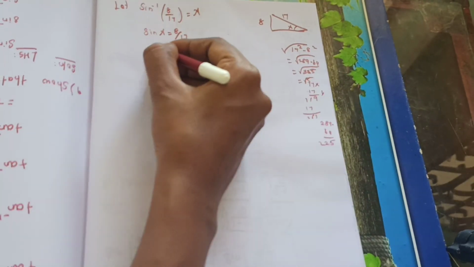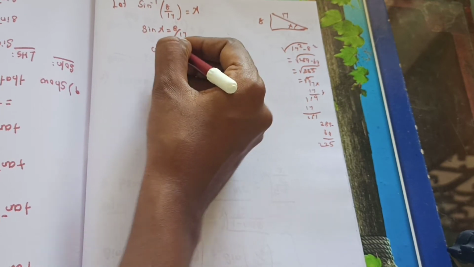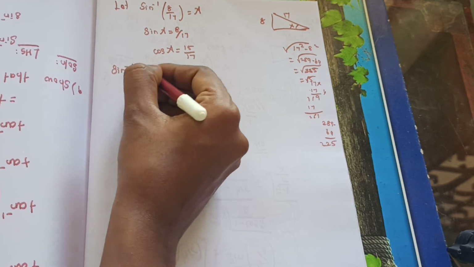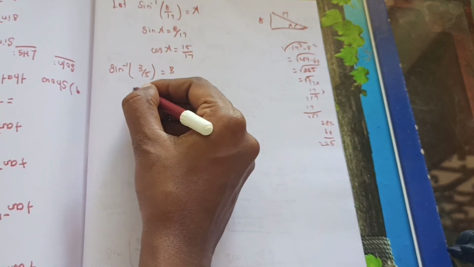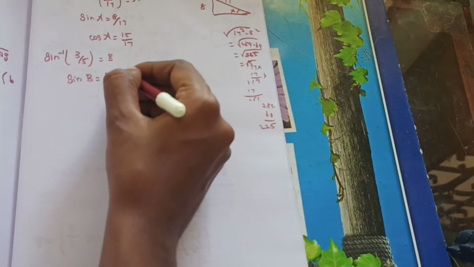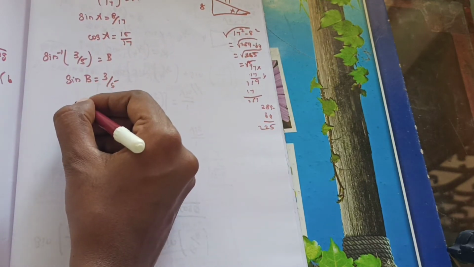Okay. So what's the value for cos A? 15 by 17. Correct? Then next one. Sine inverse of 3 by 5 you take as B. So what's the sine B value? 3 by 5. Correct? So from this find out cos B.